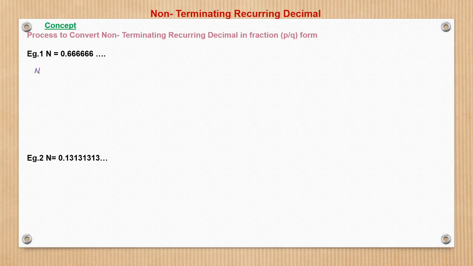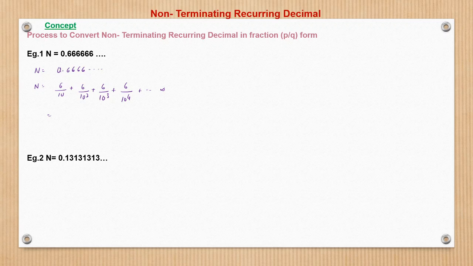How do we do it? N is nothing but 0.6666, and so on. As we have seen, we can expand this in the form of 6 by 10 plus 6 by 10 square plus 6 by 10 cube plus 6 by 10 to the 4, up to infinity, right?